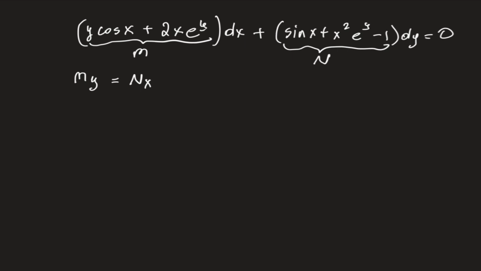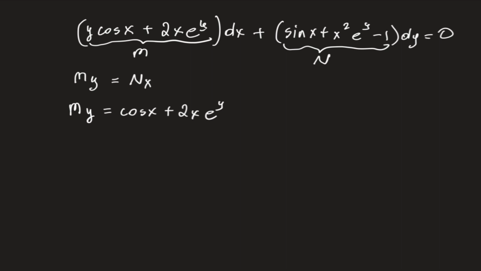When I take the partial derivative of m with respect to y, keep in mind to keep x constant. So the partial derivative of m with respect to y will be y times cosine x. Remember, x is constant, so that's going to come down, and the derivative of y is just 1, plus 2x is constant again, and the derivative of e to the y is simply e to the y.